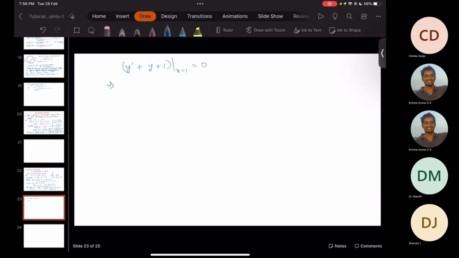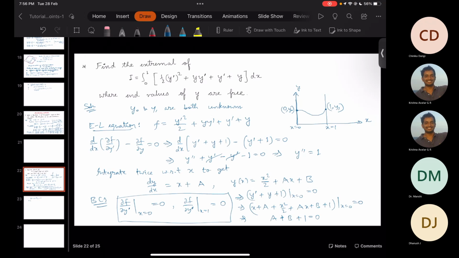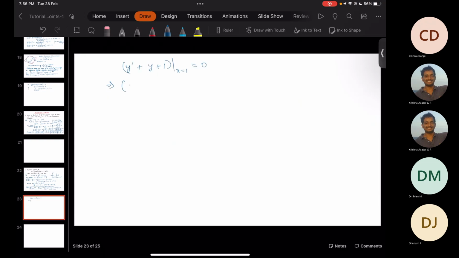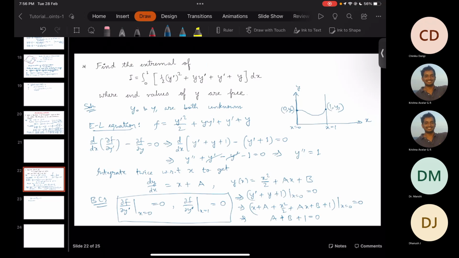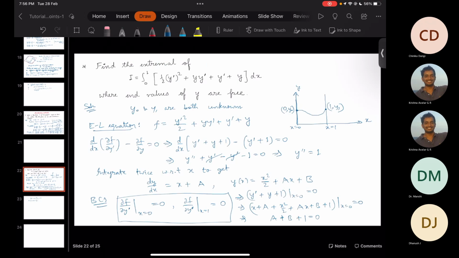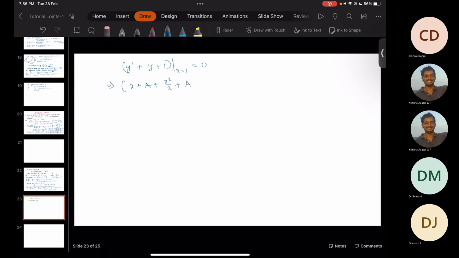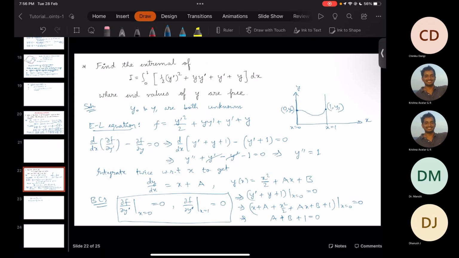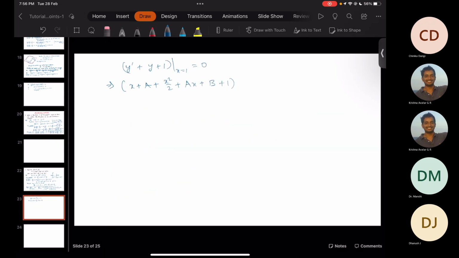So then this gives us, we'll have x plus a plus x squared by 2 plus ax plus b plus 1 at x equals 1 is 0. That is 1 plus a plus 1 by 2 plus a plus b plus 1 equals 0, right?